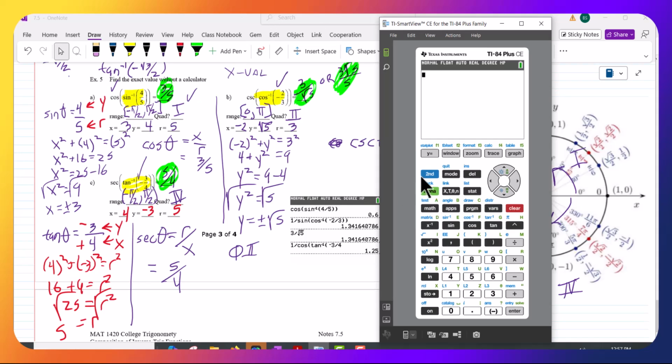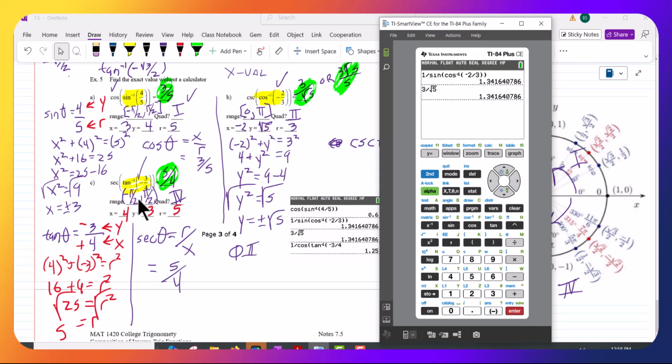I'm sorry, I was thinking the answer was something different. Let me do that one more time: 1 divided by sine, parentheses, inverse cosine of negative 2/3. This will give me an irrational number. I was expecting it not to be irrational, but our answer was 3 divided by the square root of 5. Let's see if that matches up. And it does, so we're right.